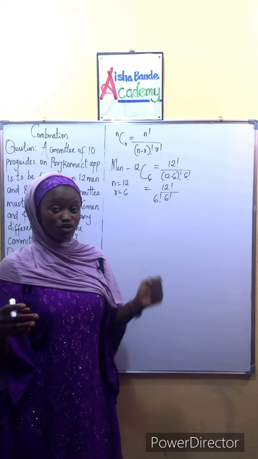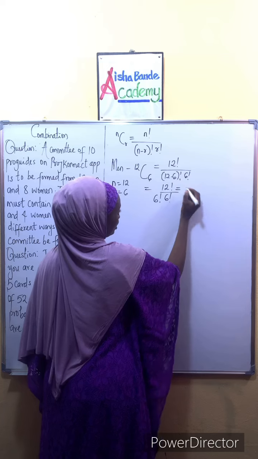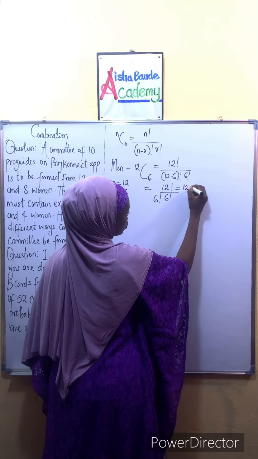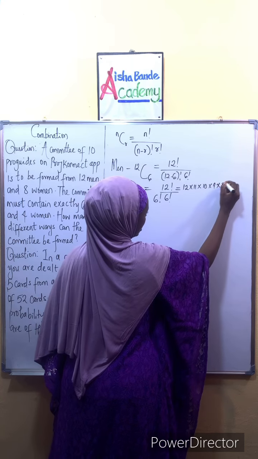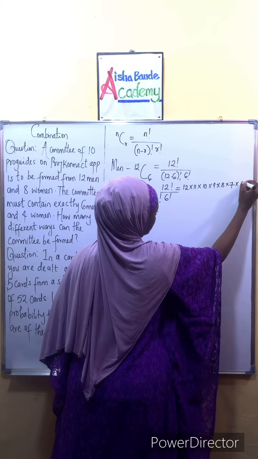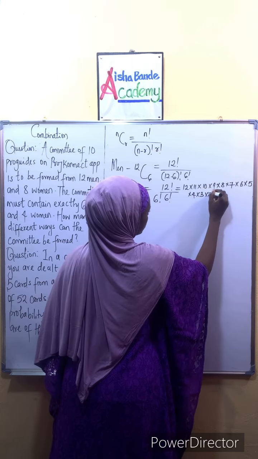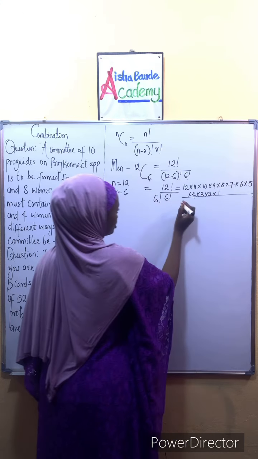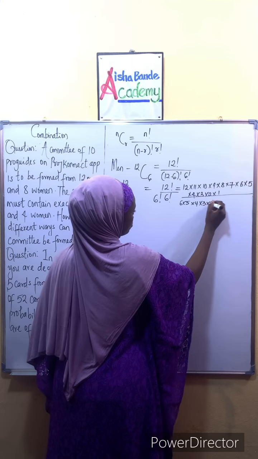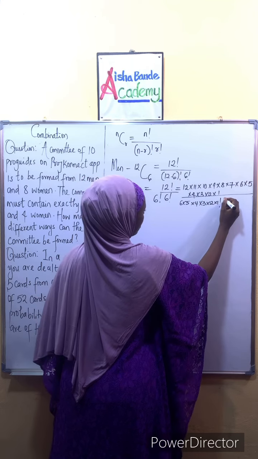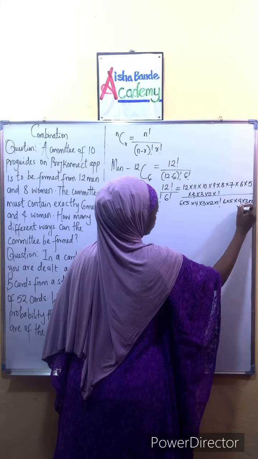We have discussed factorial in the previous classes before now. So this makes our work easier. And we know that here we're going to have 12 times 11 times 10 times 9 times 8 times 7 times 6 times 5 times 4 times 3 times 2 times 1 all over the first 6 factorial, 6 times 5 times 4 times 3 times 2 times 1, multiplied by 6 times 5 times 4 times 3 times 2 times 1.